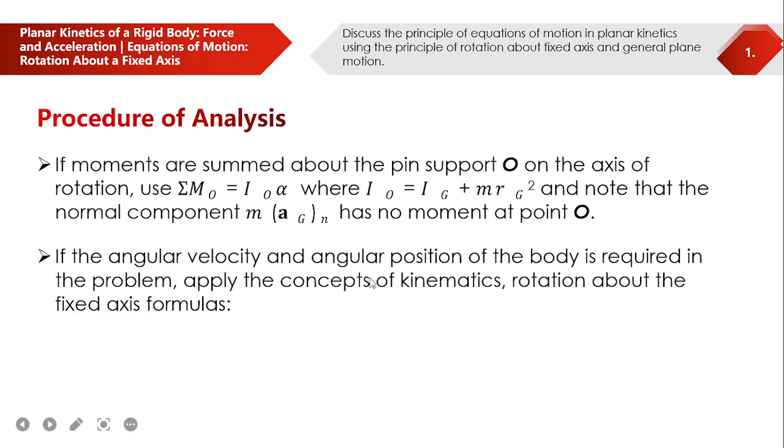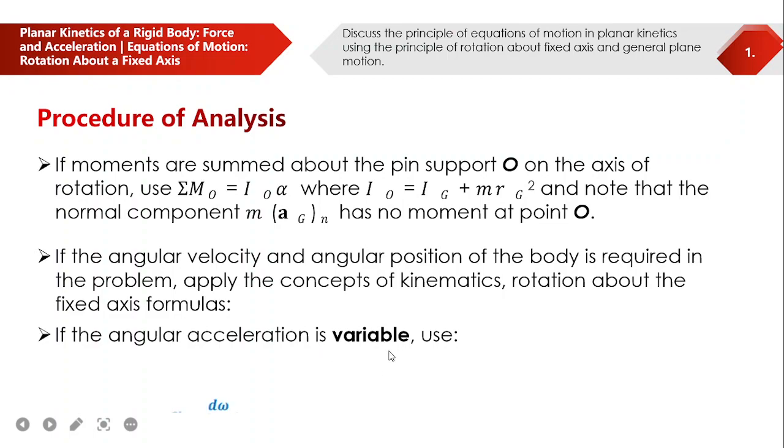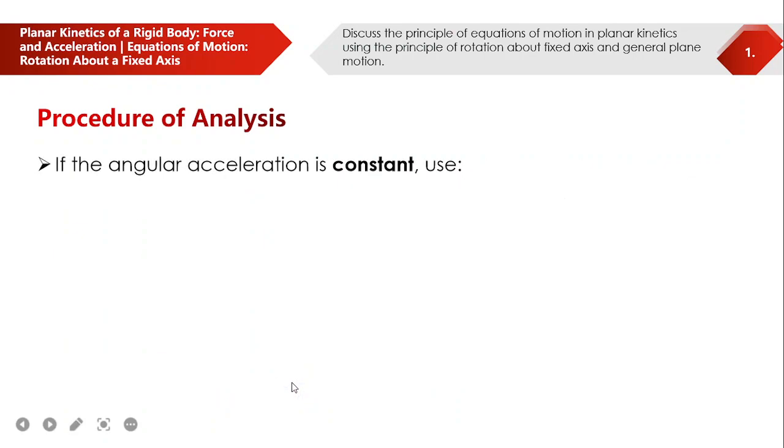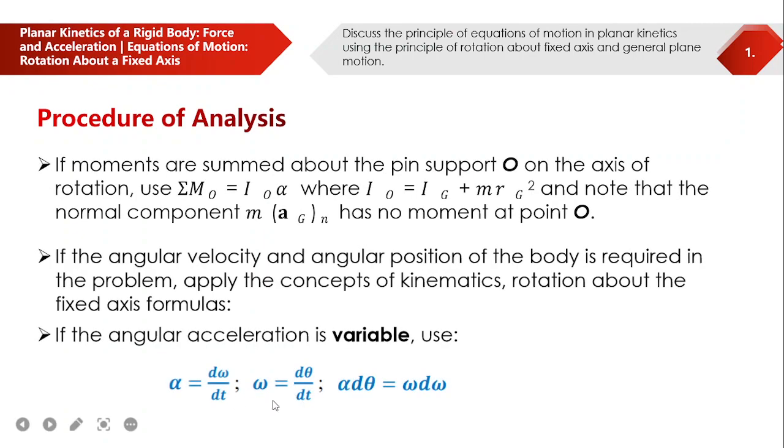If the angular velocity and angular position of the body are required in the problem, apply the concepts of kinematics, rotation about a fixed axis formulas. If the angular acceleration is variable, then you can use these formulas. If I ask in a problem what the angular velocity is, then use these if the angular acceleration is variable.